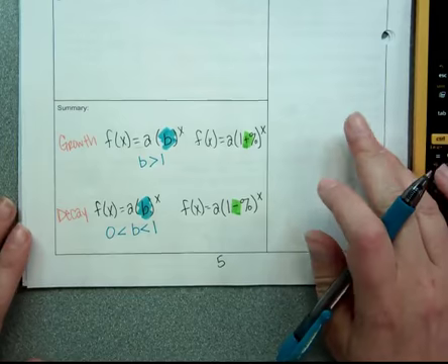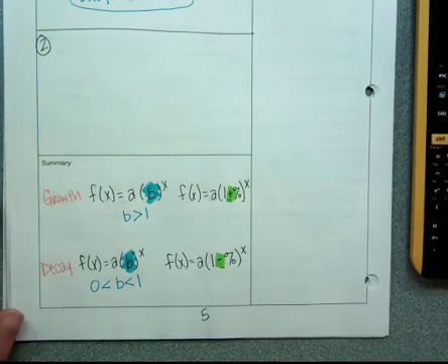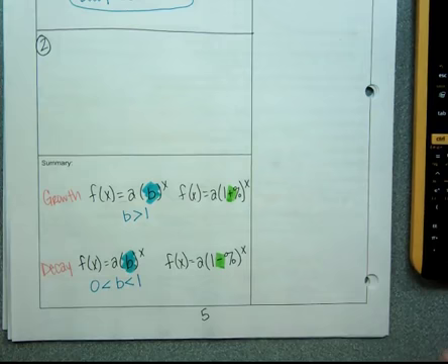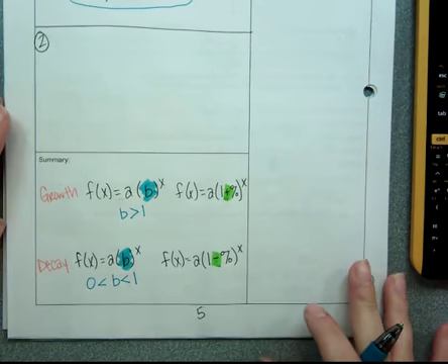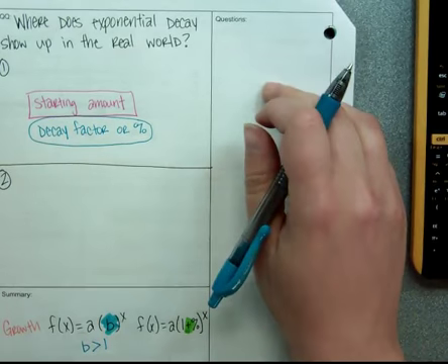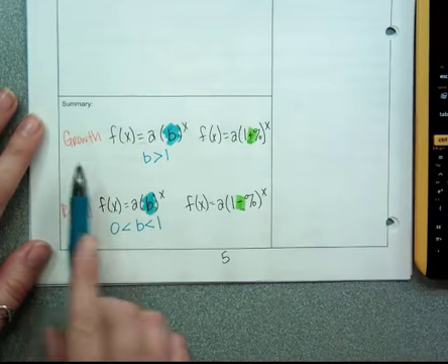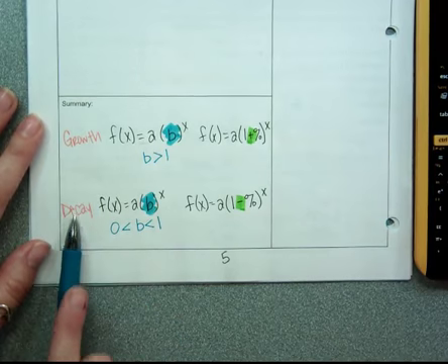All right, and for your questions column. Let's make one of our questions be, what is the difference between exponential growth and decay? Go ahead and write that over here in your questions column. What is the difference between exponential growth and exponential decay?